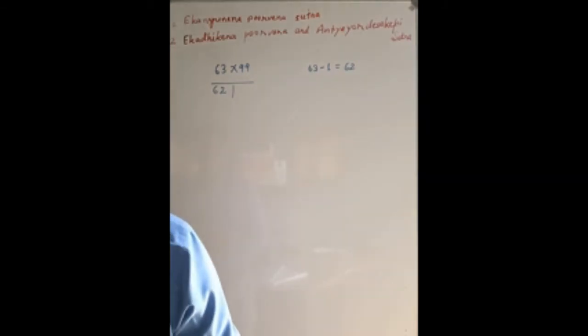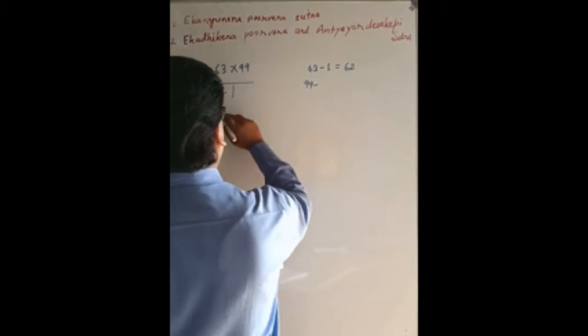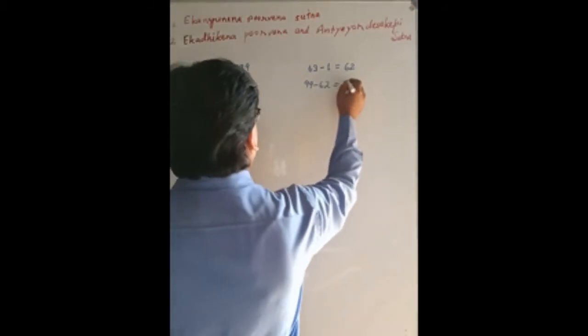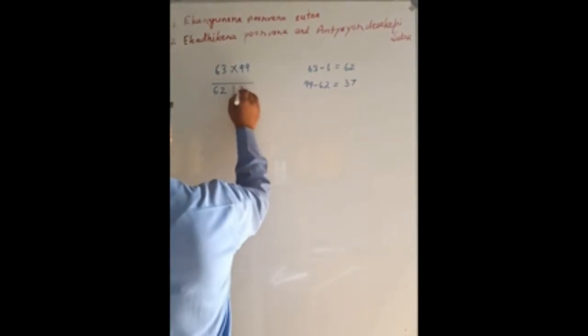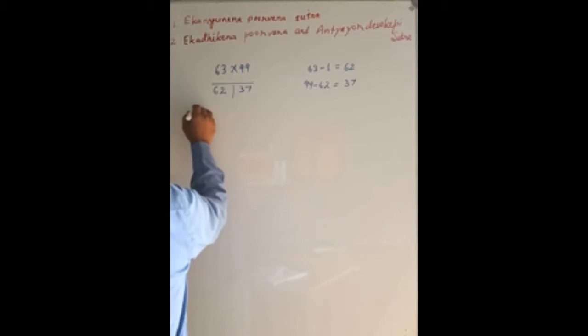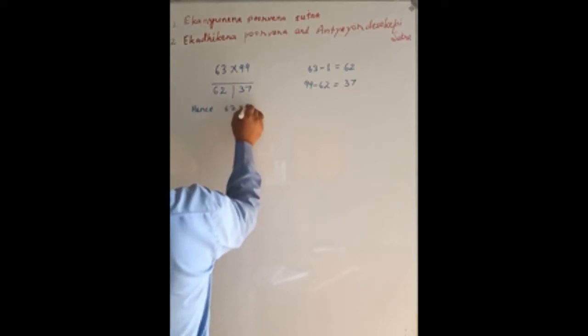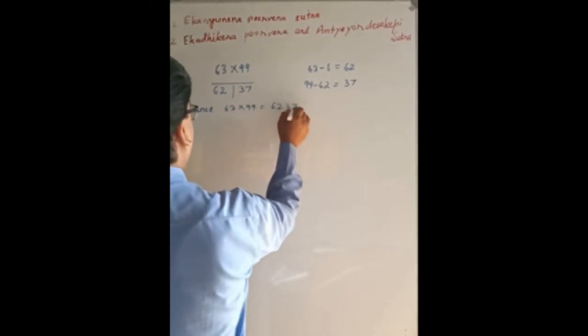And the right side of the answer is 99 minus this 62. We get 37. Hence, 63 multiplied by 99 is equal to 6237.